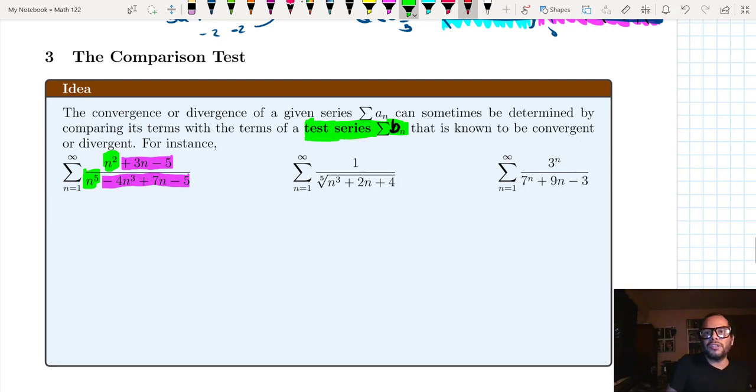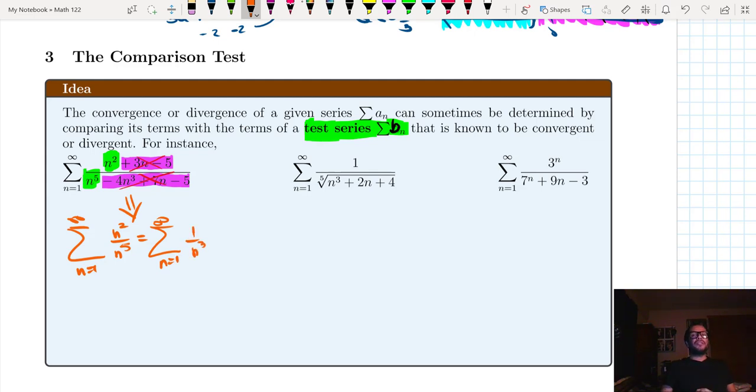So I'm going to pretend that these terms are not here, and I'm going to come up with the related series. So I'm going to come up with sigma n equals 1 to infinity of n squared over n to the fifth, which happens to be, in simplified form, 1 over n cubed.